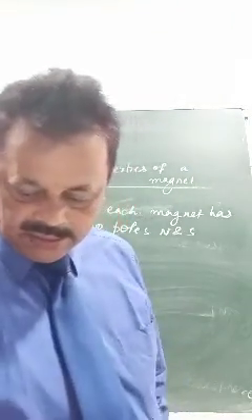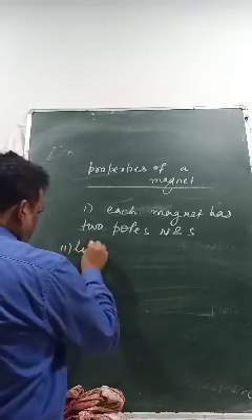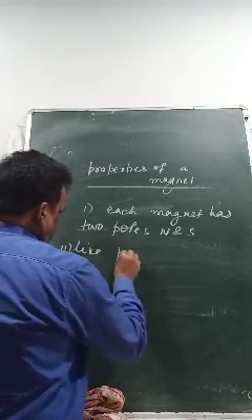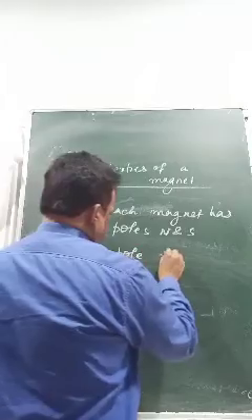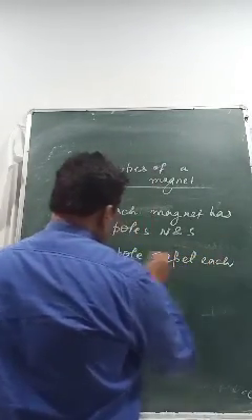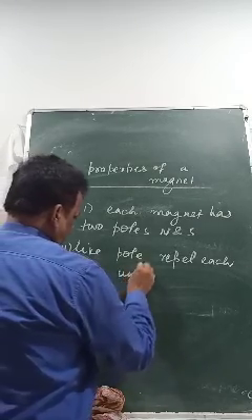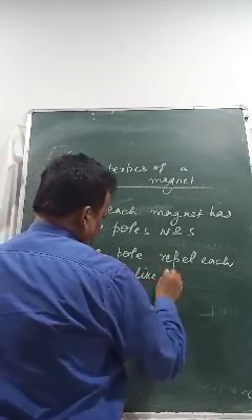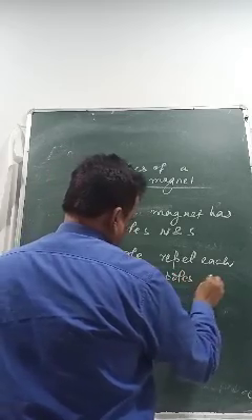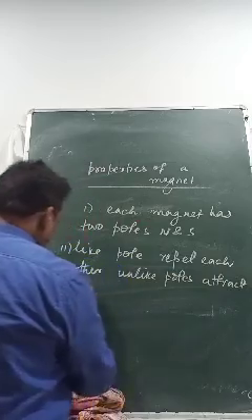Then you can write: like poles repel each other, unlike poles attract each other.